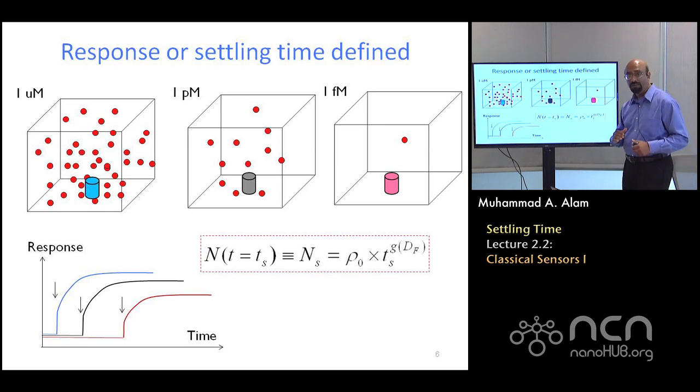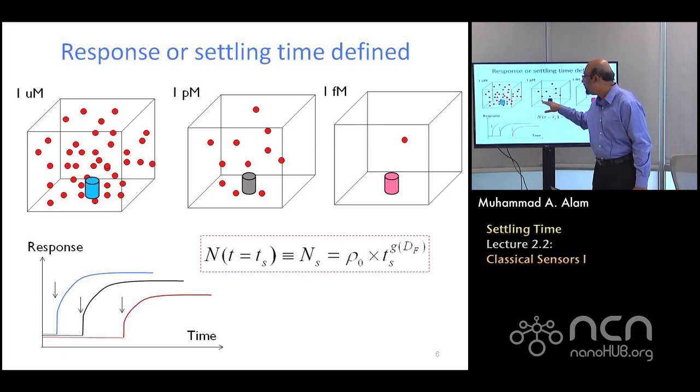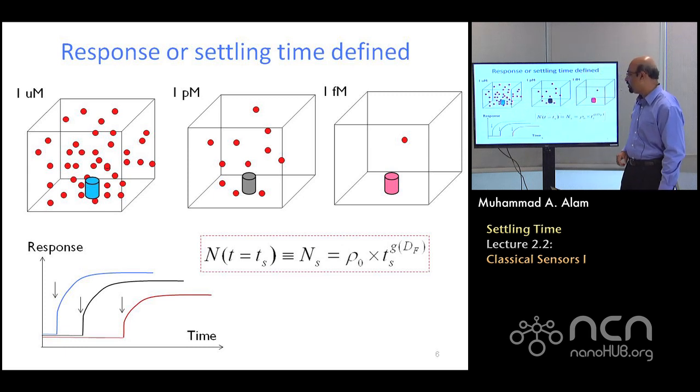And if you stop before that time, you may say that the molecule doesn't exist. So the sensitivity limit is defined by how long you are willing to wait, this TS, but equally important, it depends on the analyte density, which is ρ0.